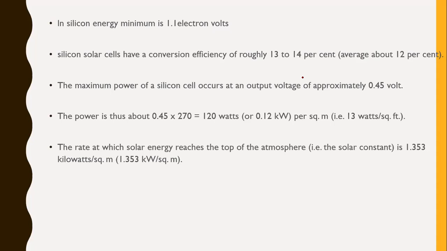More than 80% of the incident solar energy appears as heat in the cell. As the temperature increases, the efficiency of an NP homojunction silicon cell will decrease. For a commercial cell, it is about 8% at 100 degrees Celsius.